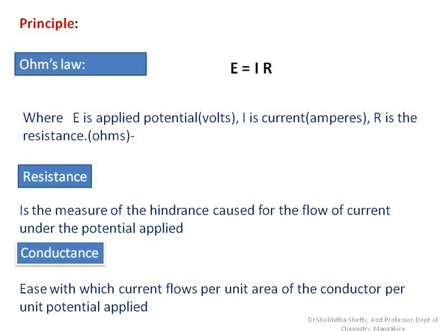current flows per unit area of the conductor per unit of potential applied, or volts applied, that can be represented as C. That is, conductance is 1 by R, nothing but the reciprocal of resistance, or in other words, C is equal to I by E, that is, in terms of the current flow per unit area of the conductor per unit potential applied.